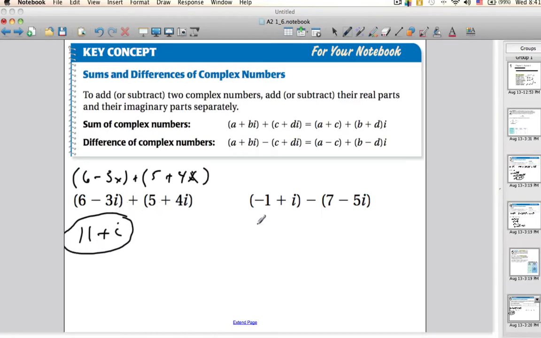It's the same skills you've already had in adding binomials. Negative 1 minus 7 is negative 8. And 1i minus negative 5i is plus 6i. So you're still going to follow the same rules that you've already used with combining binomials. In this case, the i doesn't really work any differently than if it were a variable.